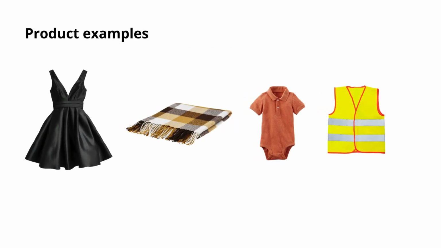So when I say clothing or textile products, what I'm referring to is the following. So we've got clothing that's not for children specifically, home textiles like blankets, could also be curtains and so on, children's clothing, and protective clothing. And this is regulated in different ways.